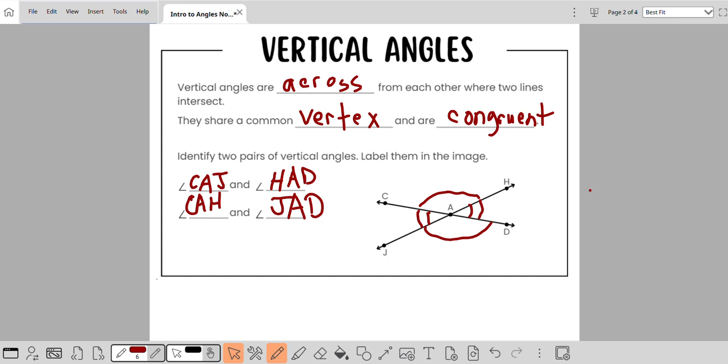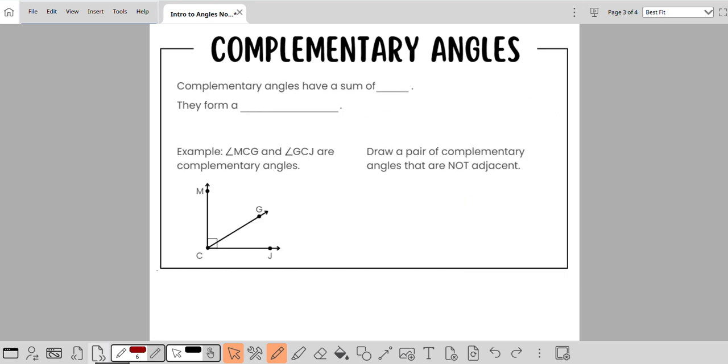Okay, so vertical angles are always exactly the same and they are across from one another. There have to be two lines that intersect and then those vertical angles share this vertex and they are congruent, whether it's this one and this one or this one and that one. All right, let's keep going.